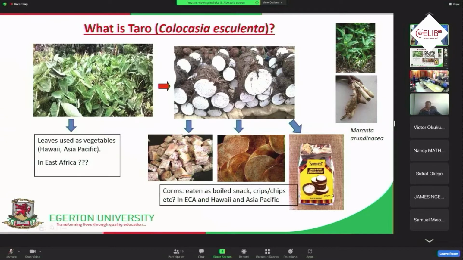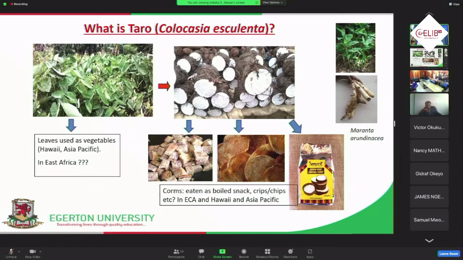This is basically how taro looks. This is a field of taro crop, and a harvested taro crop, and of course there are many products that come out of taro. People consume the leaves, especially in literature from Hawaii and the Asia Pacific.